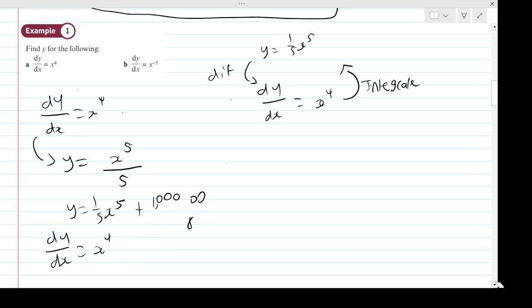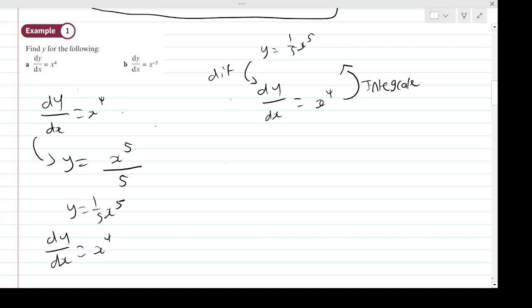We've got a bit of a problem now, because we don't have one actual precise answer, because we can just add a number on, and then we still differentiate to get back to our answer.